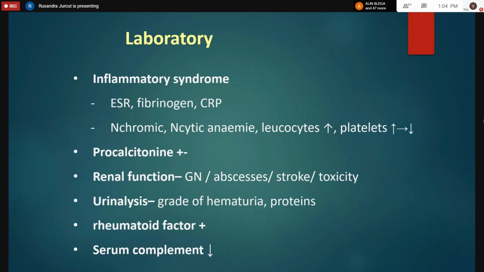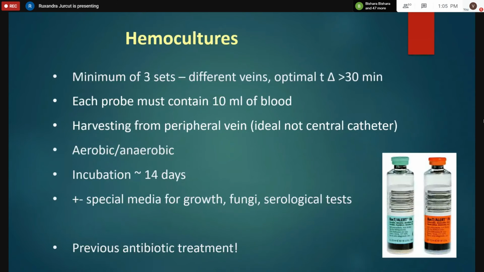And you might, as I said before, find various degrees of hematuria, due to emboli or to an immune glomerulonephritis that can also appear in endocarditis. There might also be some tests which are abnormal, like rheumatoid factor, it might be positive, the serum complement might be decreased. These are just the effects of the immune fight of the organism to this.